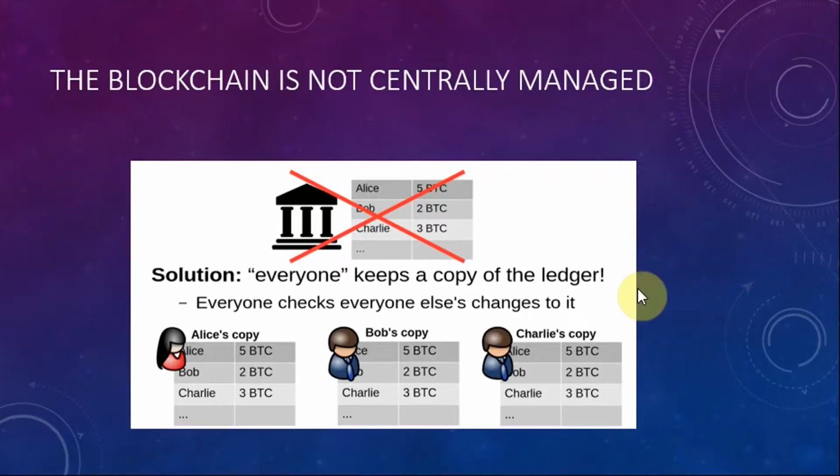It means each and every node, or each and every computer, or each and every server that joins the network in the blockchain will own a full copy of all the transactional history of that particular blockchain.